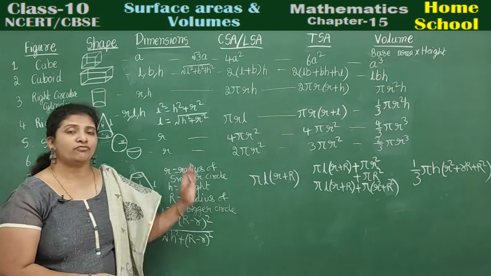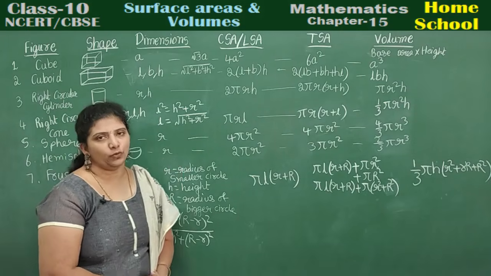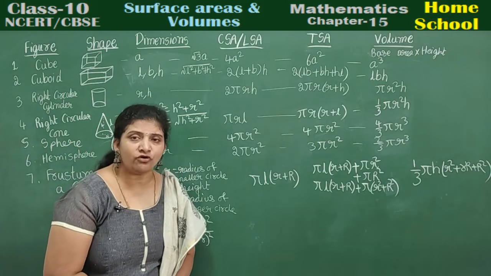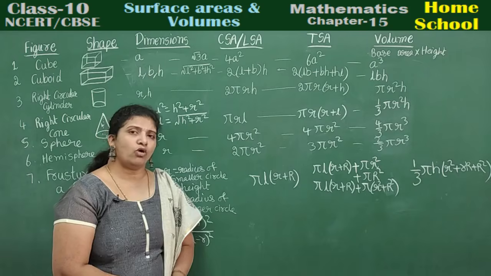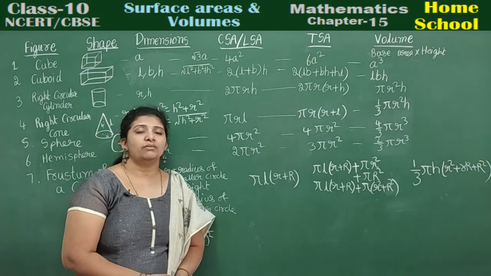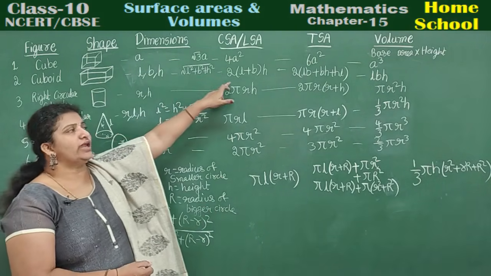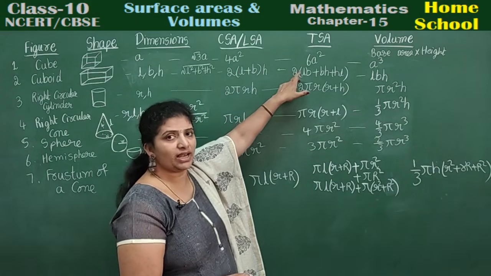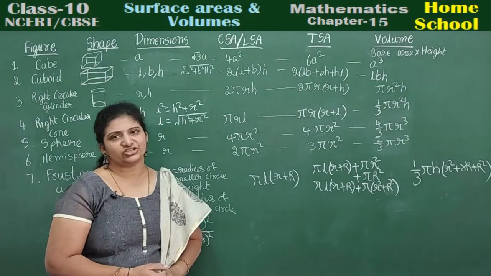Yes, let's have a recap of all this, children. First solid is the cube. The lateral surface area of a cube is 4a square. Total surface area 6a square. Volume of a cube is how much? A cube. Coming to the cuboid, lateral surface area is 2 into (L plus B) into H. Total surface area 2 into (LB plus BH plus HL). Volume LBH.